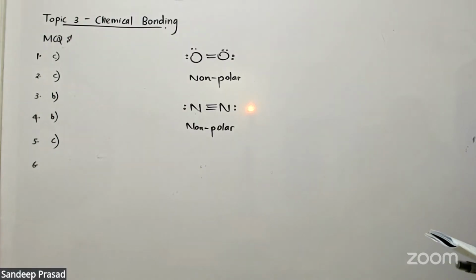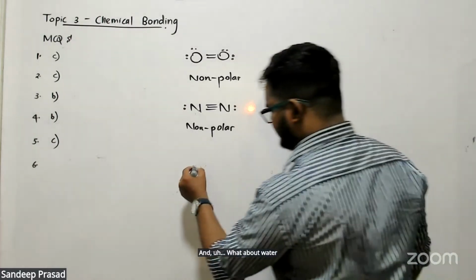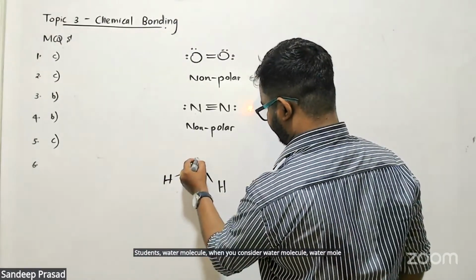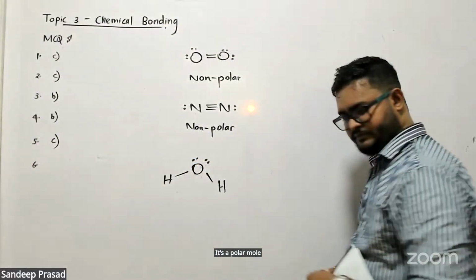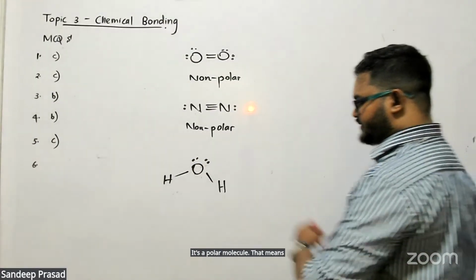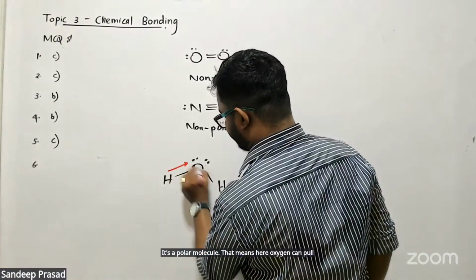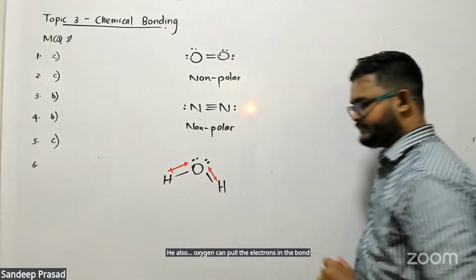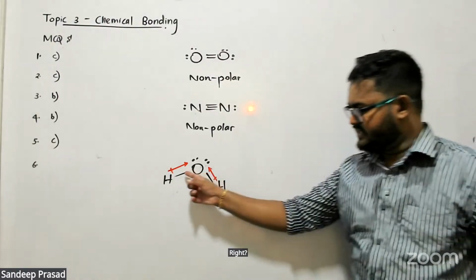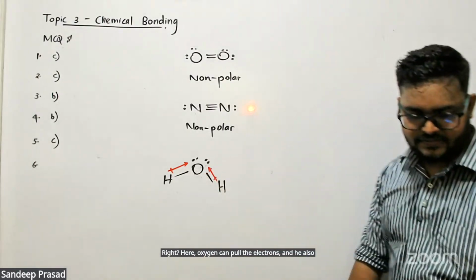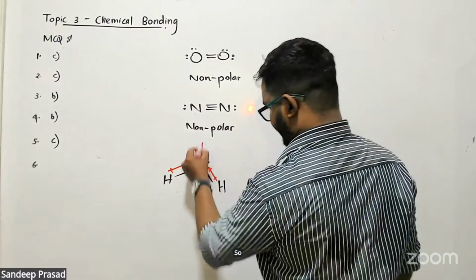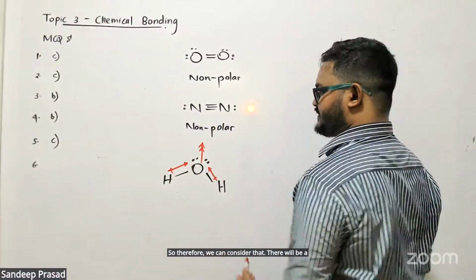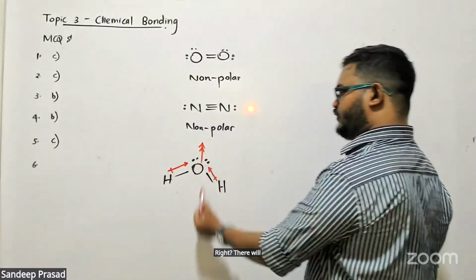And what about the water molecule? Students, the water molecule is not like that. It's a polar molecule. Here oxygen pulls the electrons in the bond, and here also oxygen pulls the electrons. So there will be a resultant force in the upward direction.